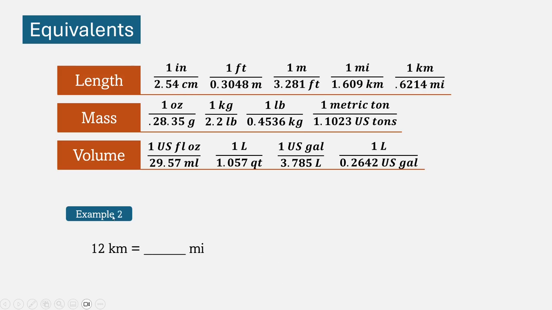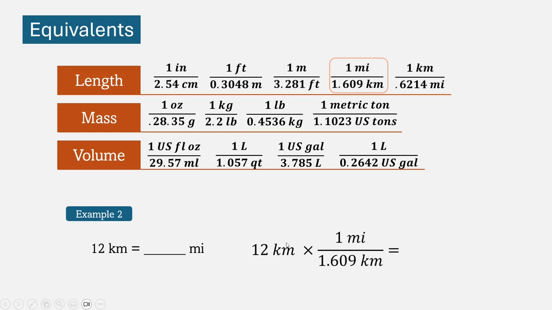Proceed on to example number 2. 12 kilometers is equal to how many miles? Same step, we will look for the units involving kilometers and miles. We have two equivalents here, so it depends on you which one you will choose. Writing 12 kilometers times, in this case, we will choose this one, because the kilometer is already in the denominator so that we can cancel that out later.